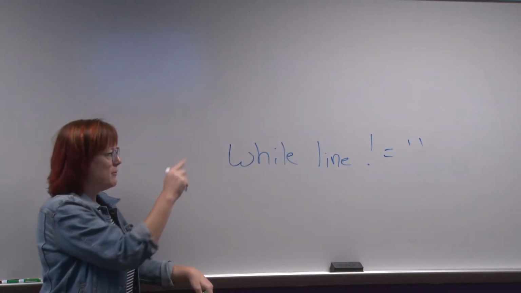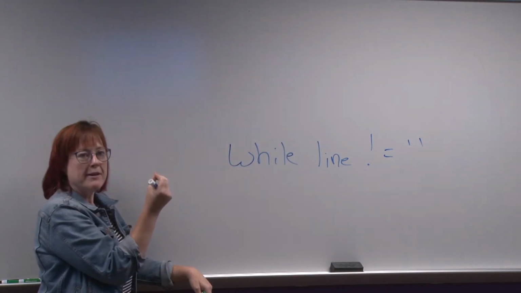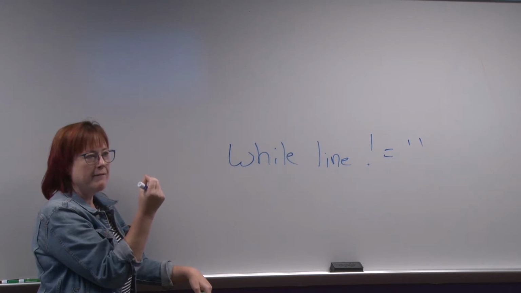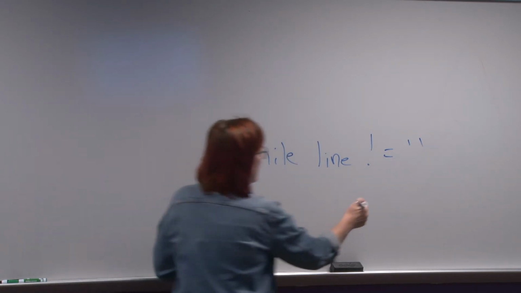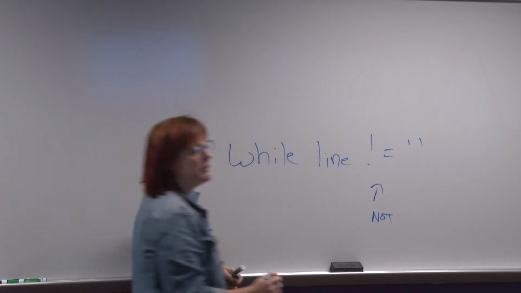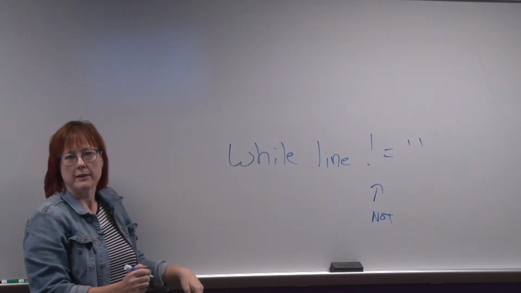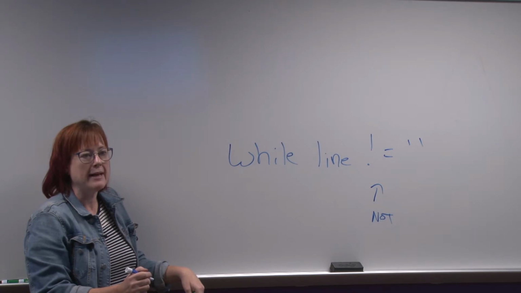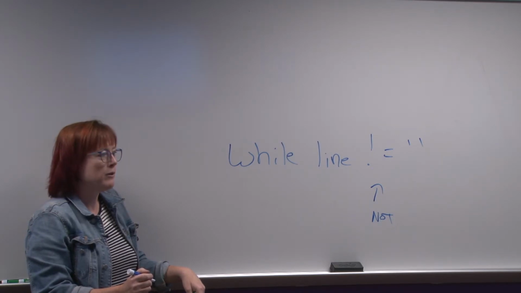So that's not a double quote. That's two single quotes with nothing between it. Because when it gets to the last line in the file, it's going to be an empty line. And so this is not. So you keep going as long as you have more data to read in. So that would be your flag telling you that we are done reading in data.